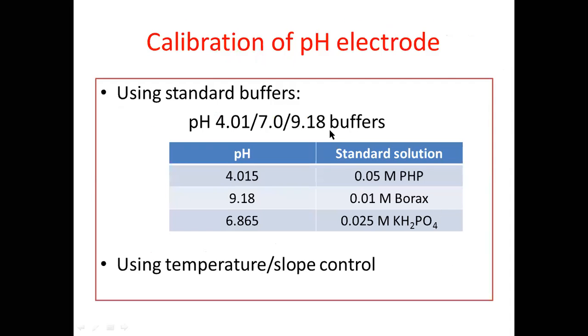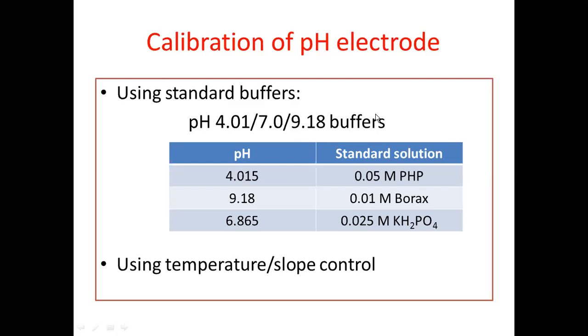So how do you calibrate the pH meter? This is very important because you are using the pH meter right from your PU level. How to calibrate the pH meter or the pH electrode? Usually the calibration will be done by using the standard buffers, particularly pH 4.01 or 7 or 9.18 buffers.